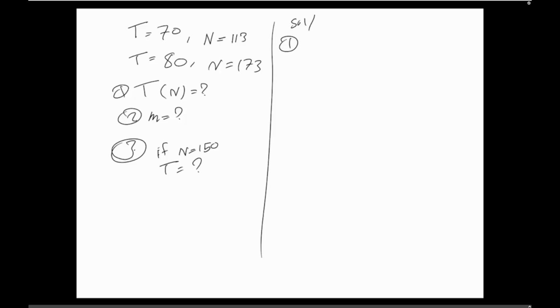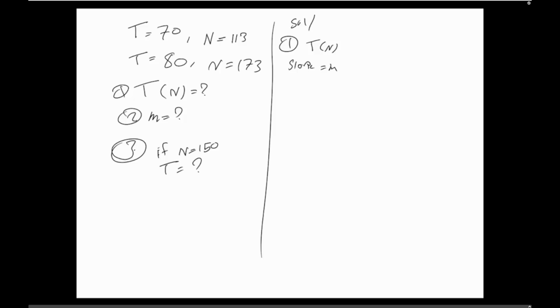This is similar to a situation where we have 2 points and we need to find an equation, and in this case our equation is T of n. When we have 2 points, we get the slope from these 2 points, and after that, we use the slope and one of these points to represent our function. So let's get the slope first.